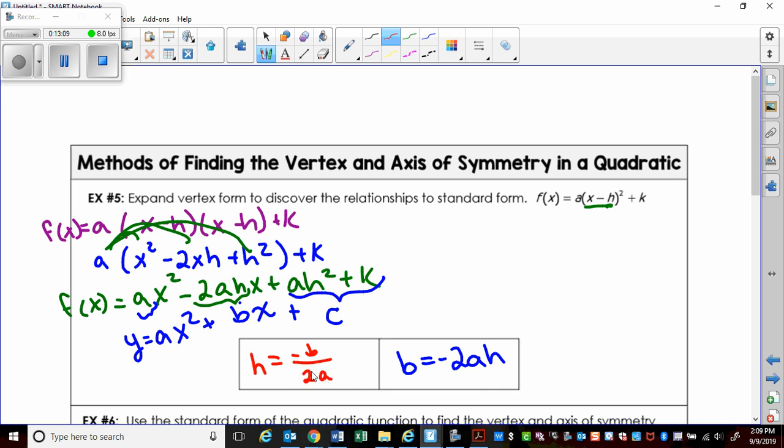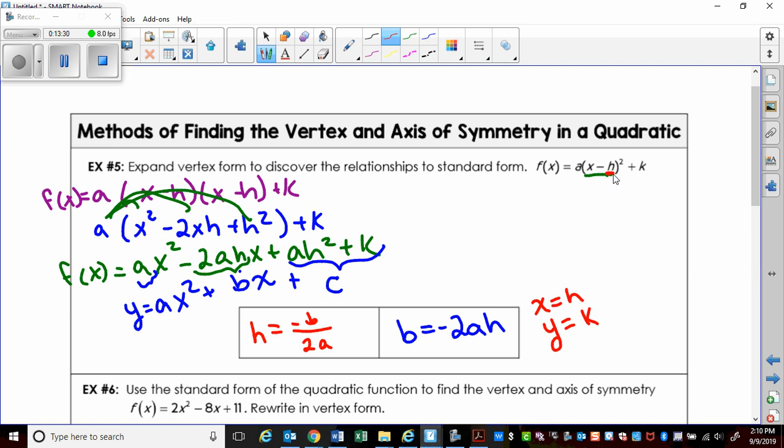You'll see that h equals negative b over 2a. Remember, your x value is your h, the center, and your y value, the center for the y value of the vertex, is going to be the k. So this is your x value, and this is your y value.